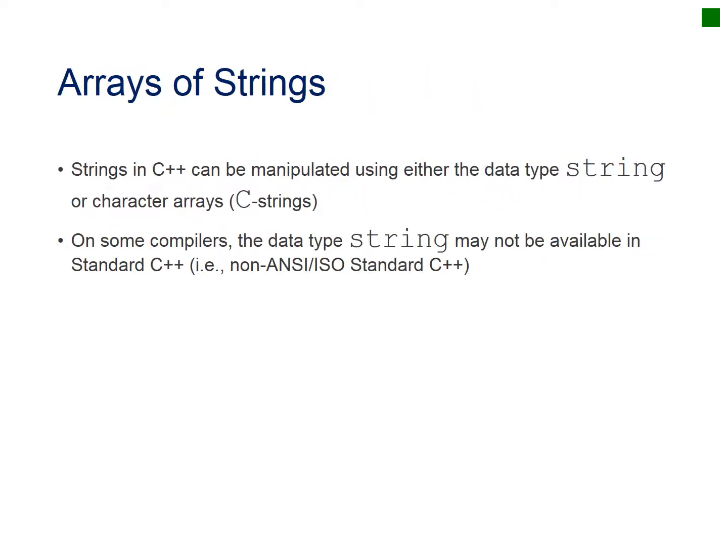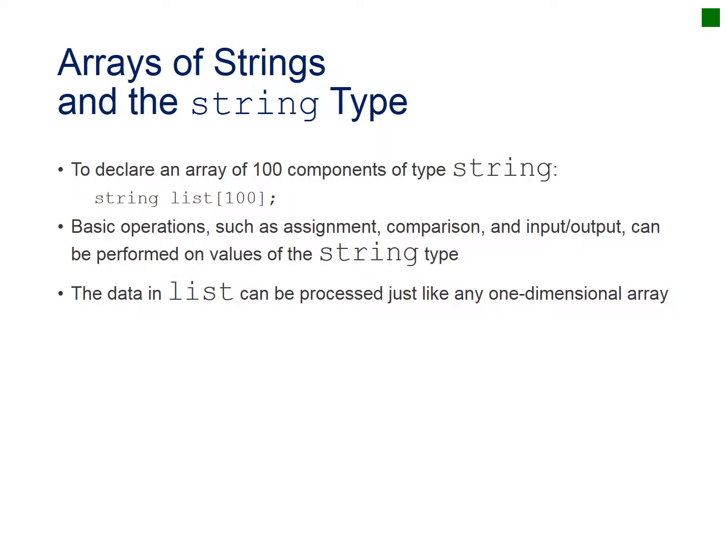Arrays of strings. Strings in C++ can be manipulated using either the data type string or character arrays, C strings. On some compilers, the data type string may not be available in standard C++. Arrays of strings and the string type.